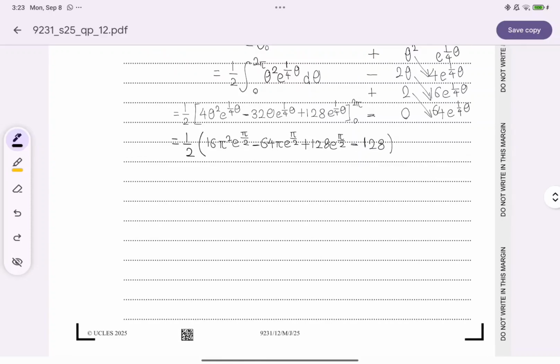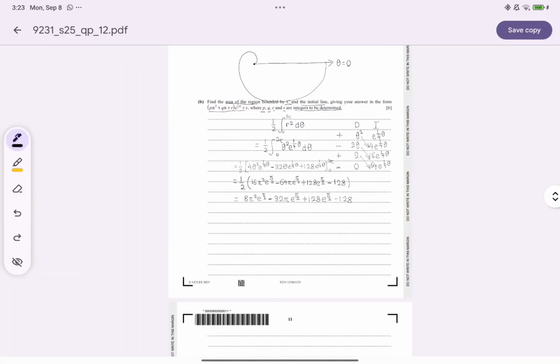Okay, now let's expand this out. This would be 8 pi squared e to the power of pi over 2 minus 32 pi e to the power of pi over 2 plus 128 e to the power of pi over 2 minus 128.